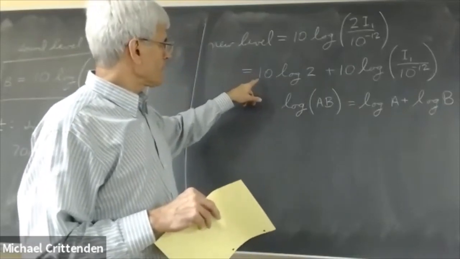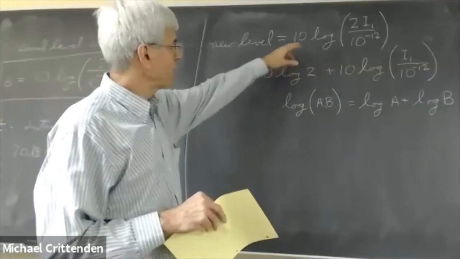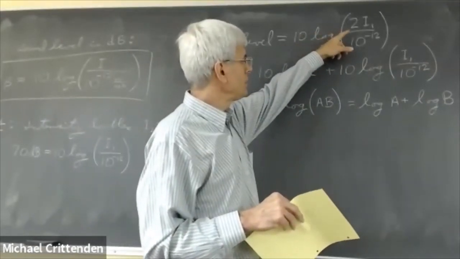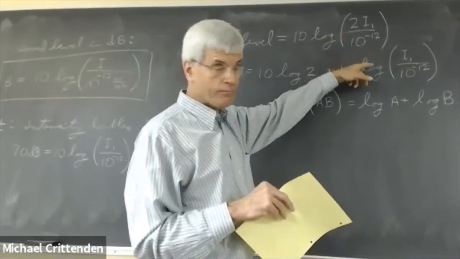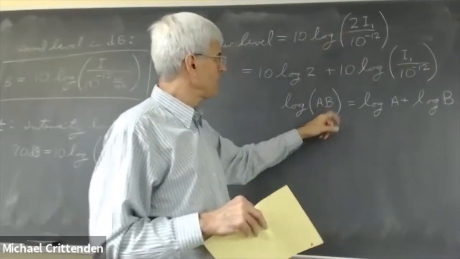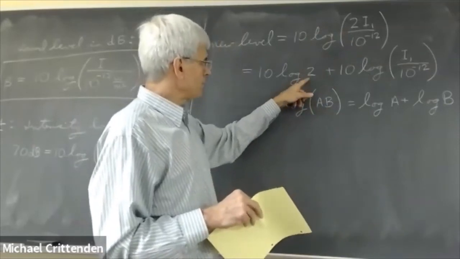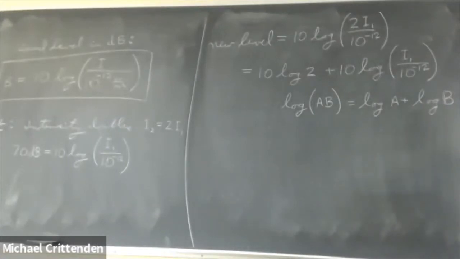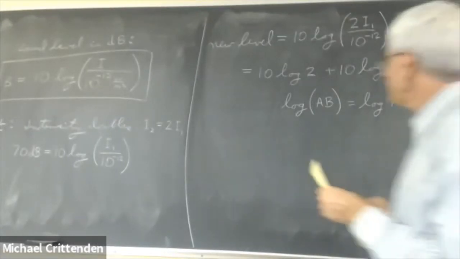But what I did here is I said, I've got the log of 2 times everything else. The log of 2 times everything else would equal the log of 2 plus the log of everything else.